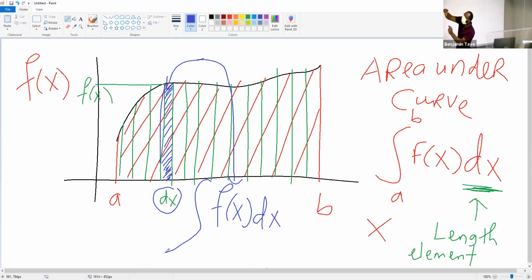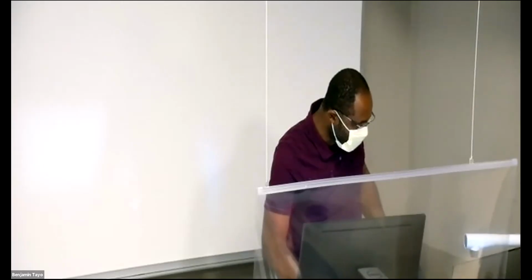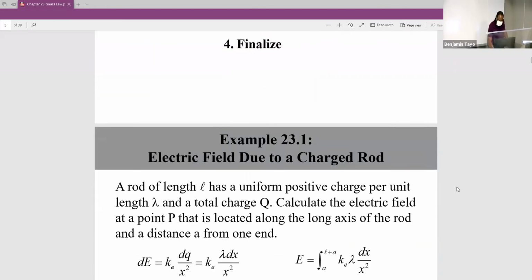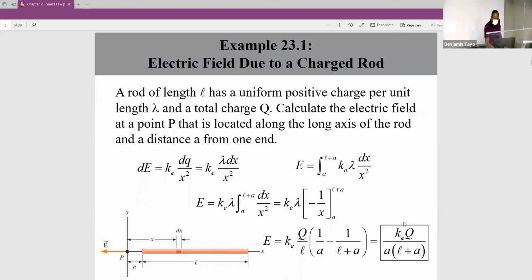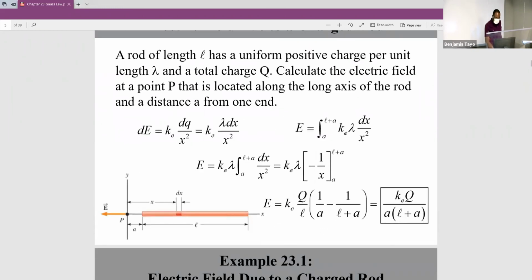You calculate the electric field that comes from a small charge. Then using an integral, you can get the contribution that comes from everything. So let's look at this one example right here. This is example number 23.1. Now, in this example, let's try to understand what the problem is talking about.